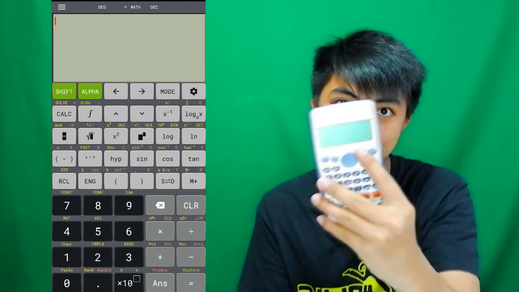So good thing we have this app. So this application is natural display, kind of like this. Not like the older models. If you are taking STEM or if you are into math, I recommend you to buy a natural display calculator because I think it's easier to use.